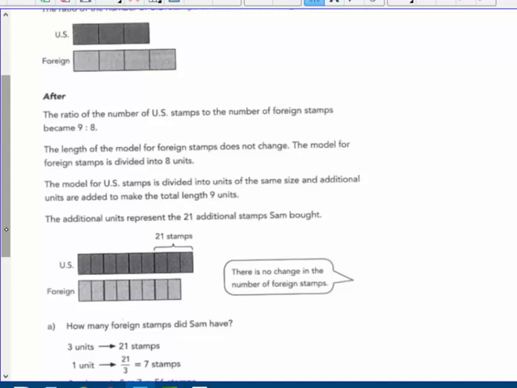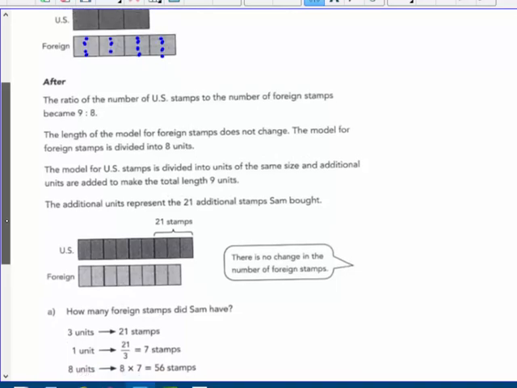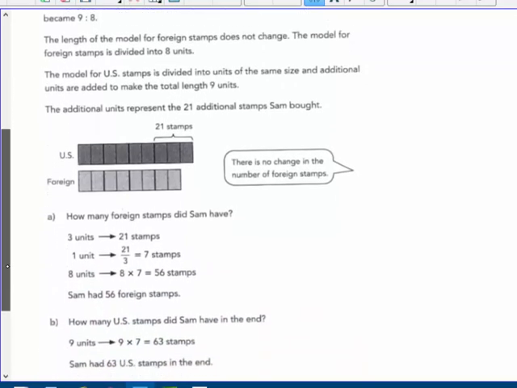The length of the model for foreign stamps does not change, right? The model for the foreign stamps is divided into 8 units. You have 2 things, so you're going to divide these in half, which you can see they did there. So that means you're also going to divide the U.S. stamps in half, and then add on 3 more halves. That's the 21 stamps, right? 3 times 7 would give you 21.